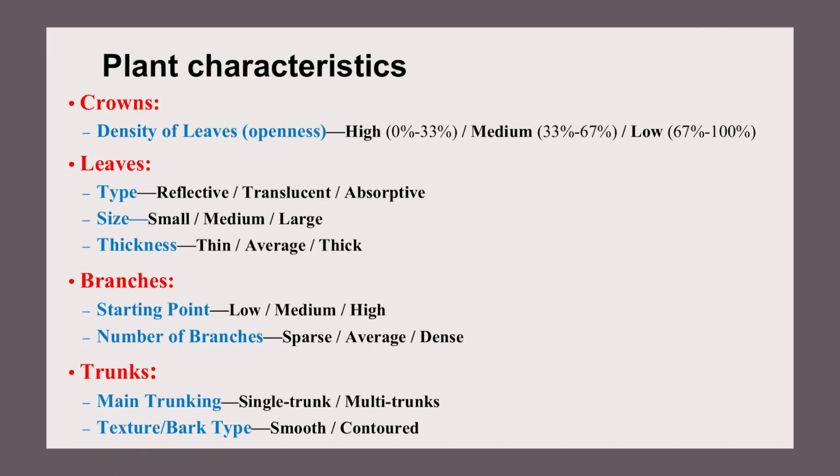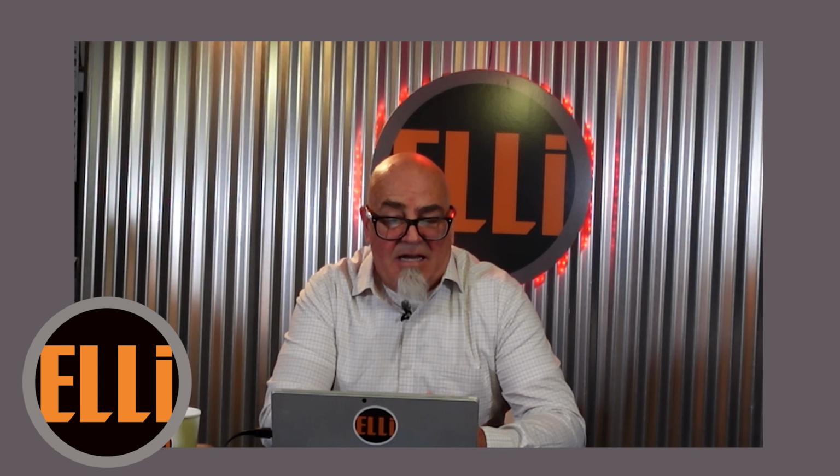Same with medium, that mid-range, 33 to 67%. And then low density means 67 to 100%. So that kind of explains that. You may or may not want to use that, like I said, but it's something to consider in your lighting designs.